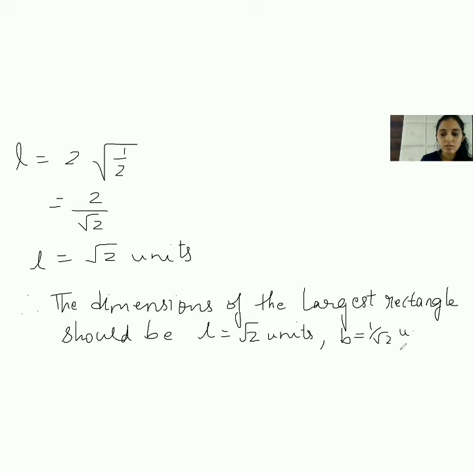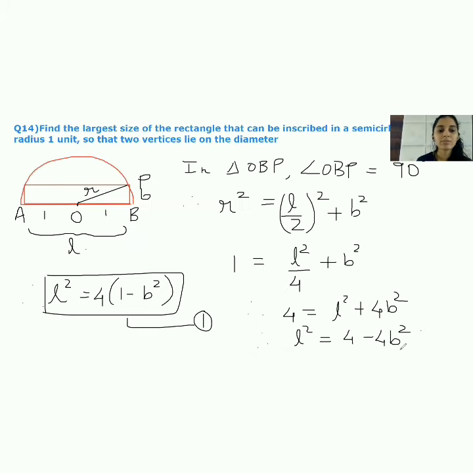Okay. So if you observe, when we started the problem, I have written, though we know the diameter length as 2 units, I haven't yet given the length value as 2 units. Reason being, we are not sure whether the length would be 2 units for the maximum rectangle, because if you touch it to the endpoints of the diameter, then what will happen?